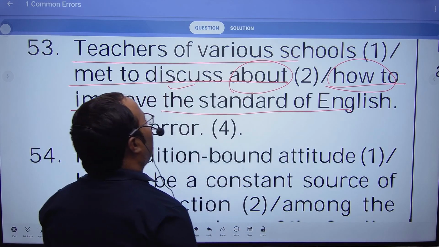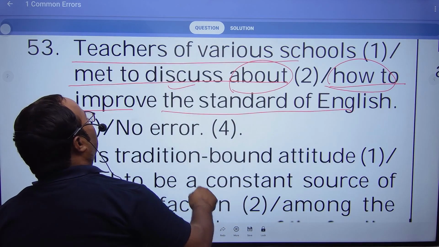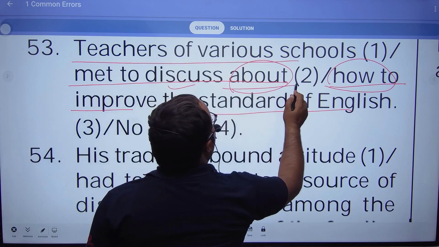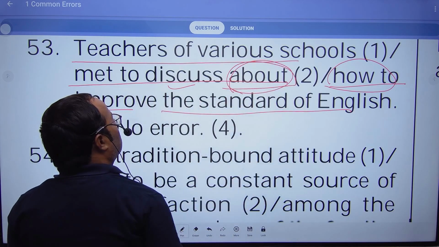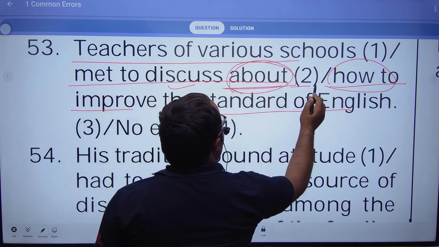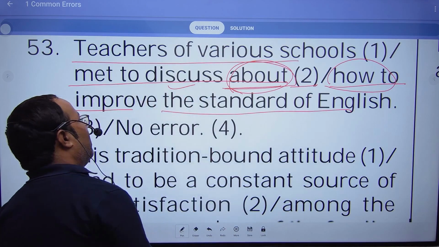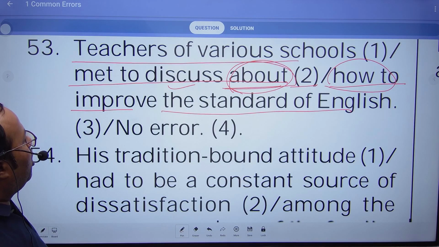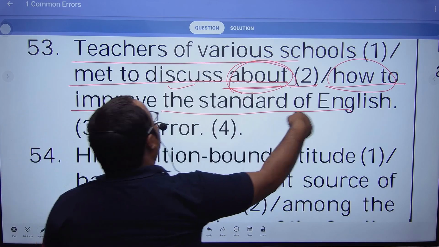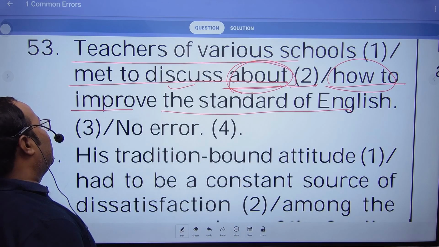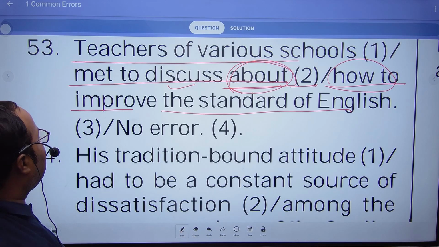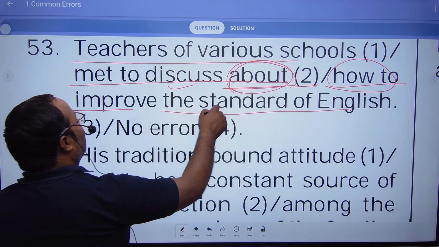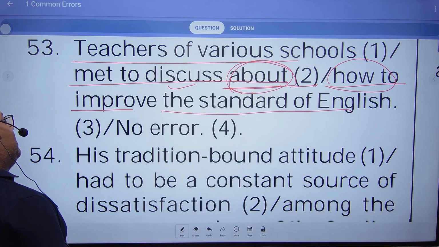So we are choosing here the mistake. About must not be used here, so about must be deleted. So in this second option, we are seeing the mistake is that about must not be used here. Discuss how to improve, बातचीत करें कि कैसे सुधारी जाए the standard of English, अंग्रेजी का स्तर.